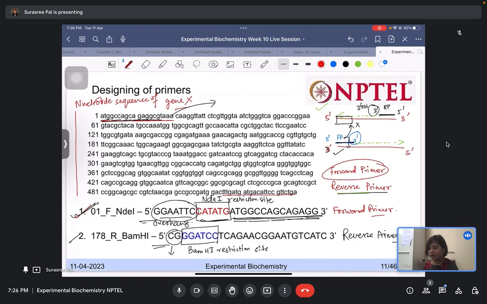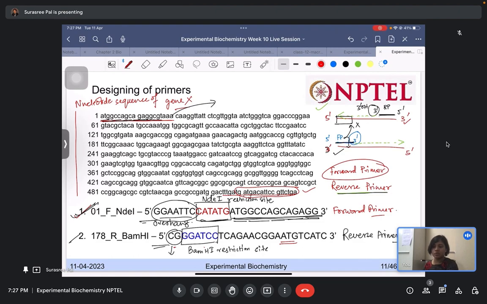So after the overhang and the restriction site sequence, we will put the reverse complementary sequence of this region. Why reverse? Because this is 5', this is written in 5' to 3'. So this particular reverse primer will sit on the 5' to 3' strand, right? So that is why it is reversed.